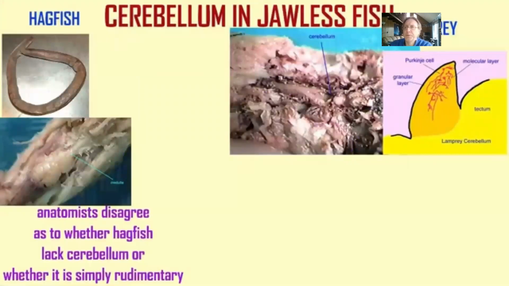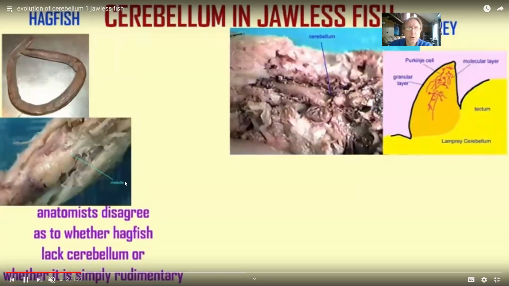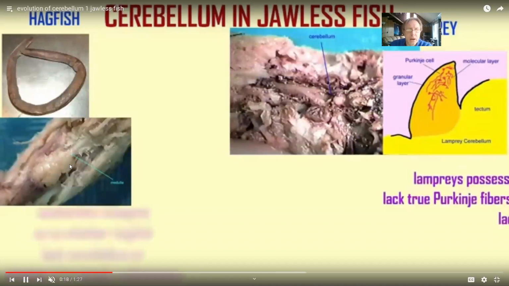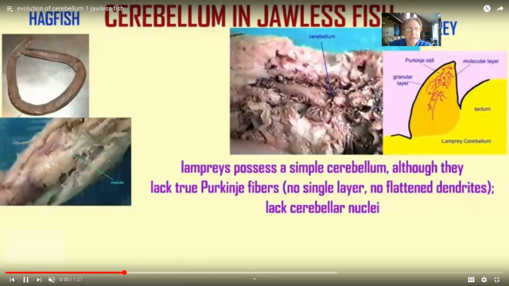And when we get to the most primitive vertebrates, the jawless fish, lampreys have the most primitive cerebellum. Hagfish, however, we could argue. I had always read that they had not. Some anatomists apparently disagree and say they have a rudimentary one.